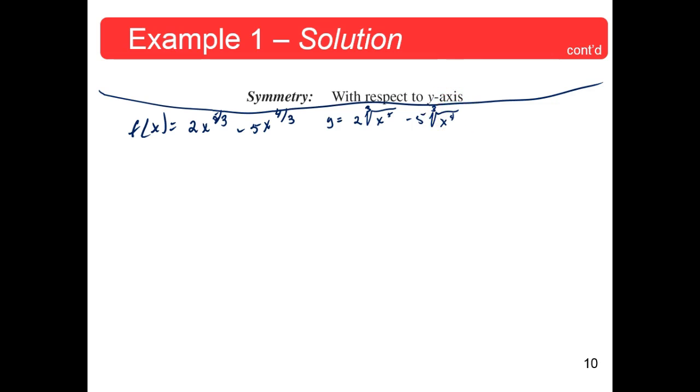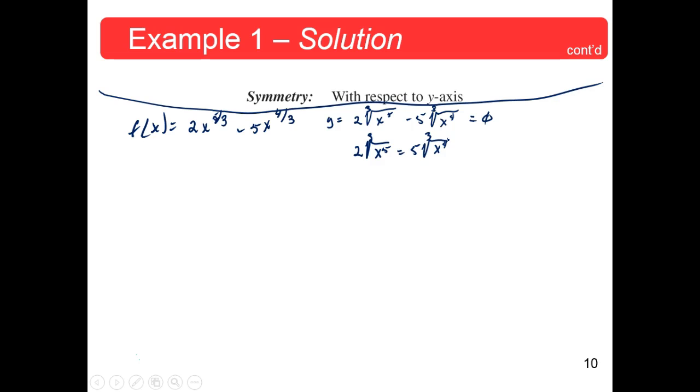Okay? Now, where y is equal to 0, you want to do x-intercept first, right? Where y is equal to 0, then set that equal to 0. Now that says that 2 times the cube root of x fifth is equal to 5 times the cube root of x fourth.